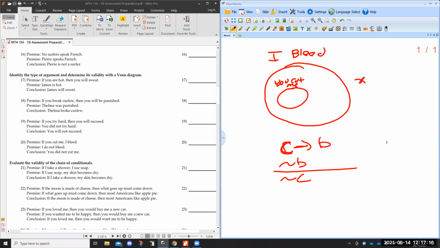The fancy name for this is called the contrapositive. This is valid. And you're going to probably call this denying the conclusion. Yes, that is what they call it, and it's a valid argument. All right.